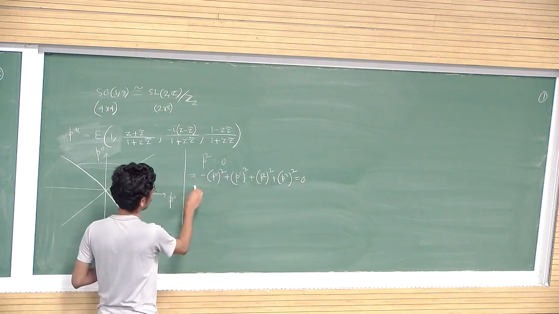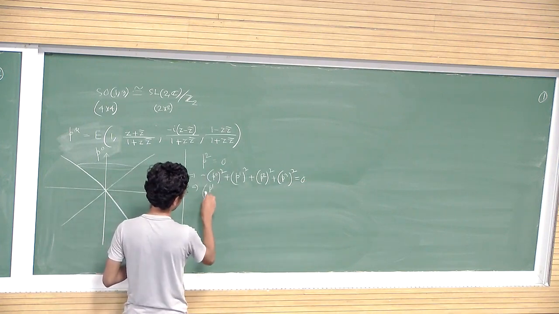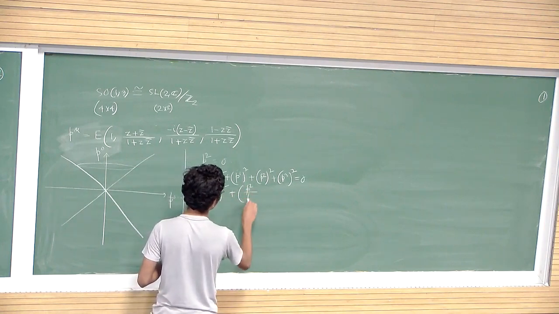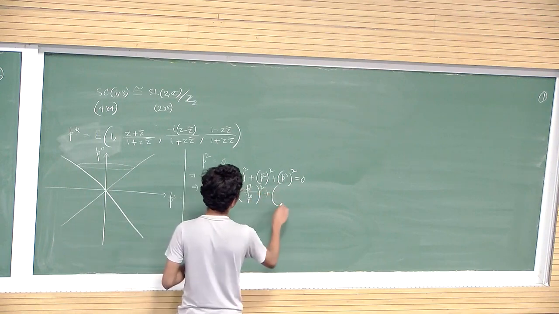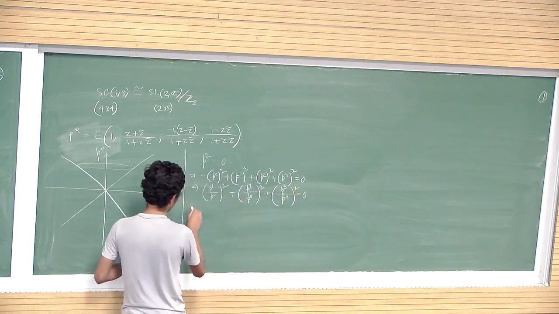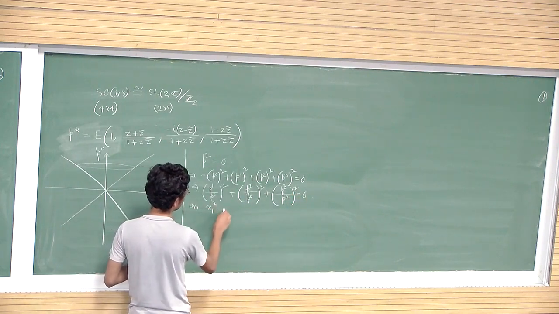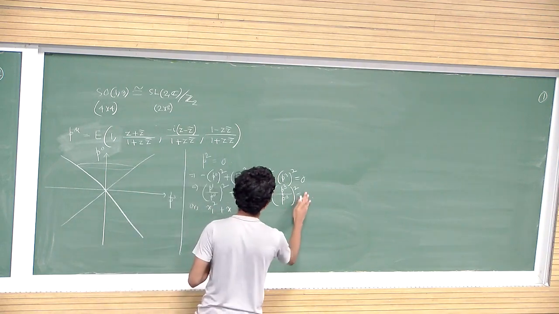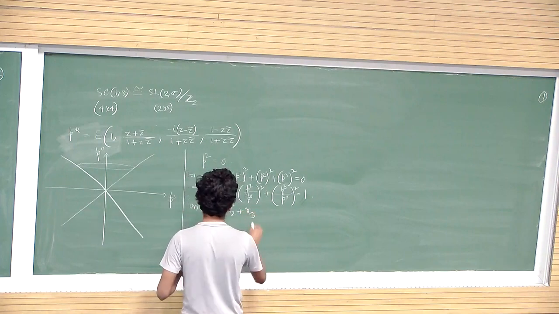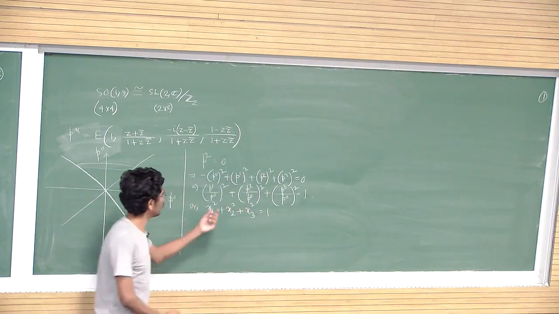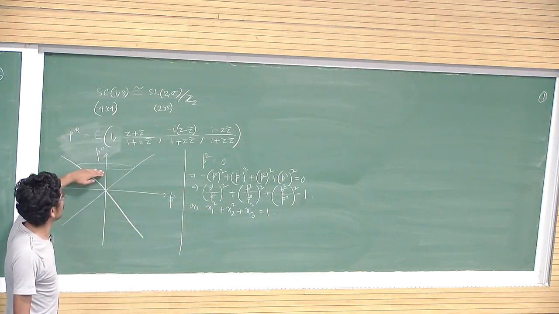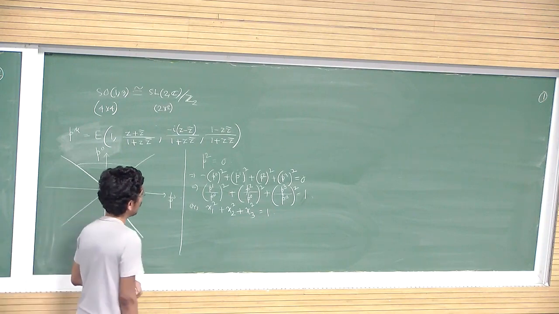Now for a fixed p0, this equation becomes something like (p1 by p0) squared plus, and you can define new variables, say x1 squared plus x2 squared plus x3 squared equal to 1 for a fixed p0, right? So this is the equation of a 2-sphere. This is what I am talking about. So this is this sphere.